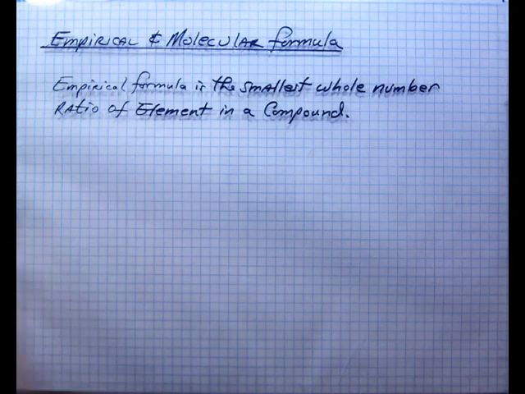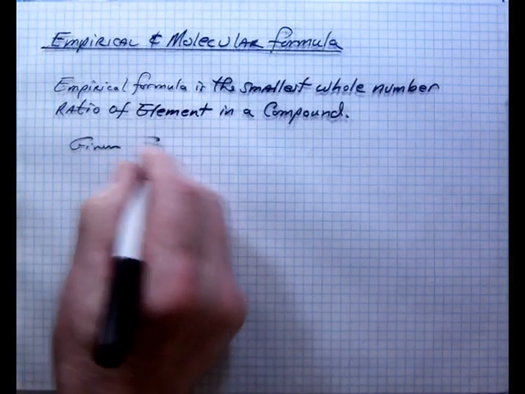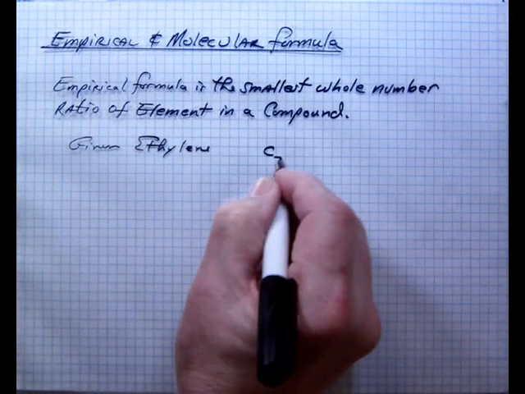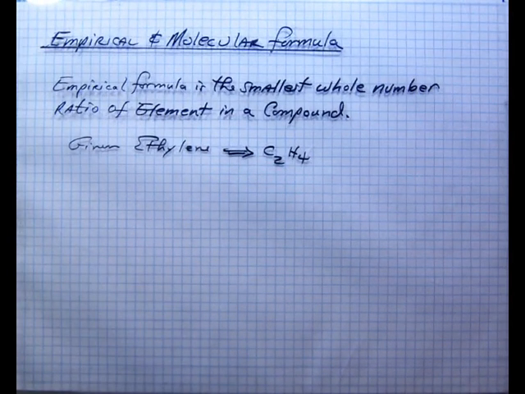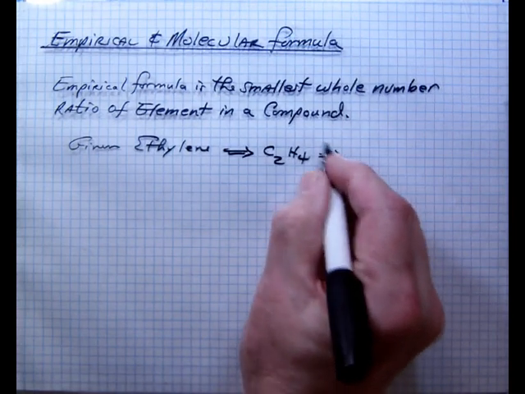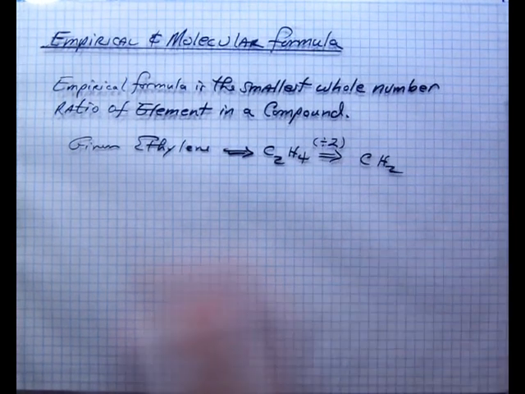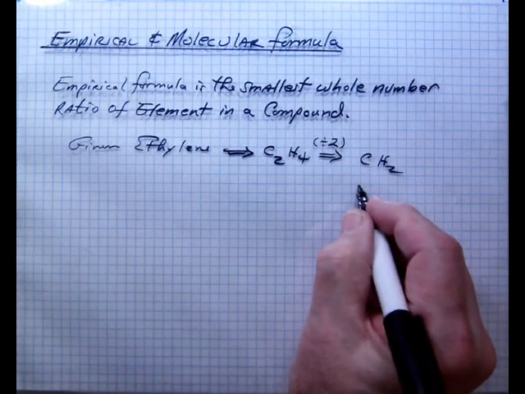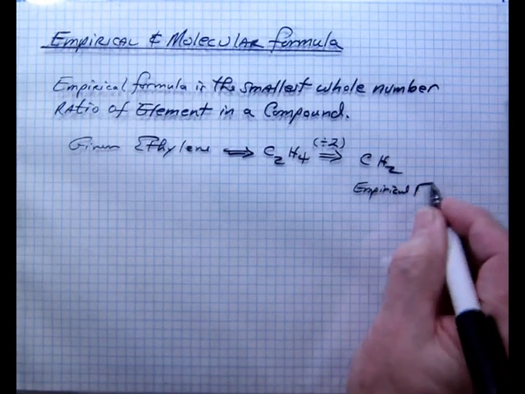If we have a compound given, for example, ethylene, I can divide the subscripts by 2 and have CH2 like this. The smallest whole number ratio is the empirical formula.